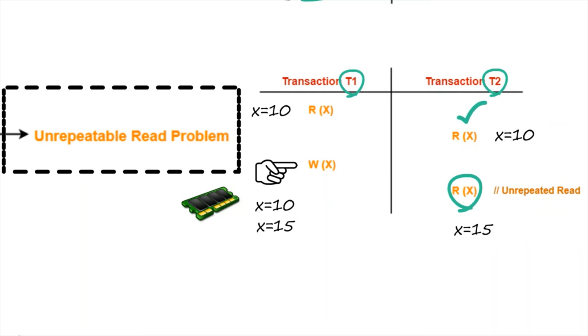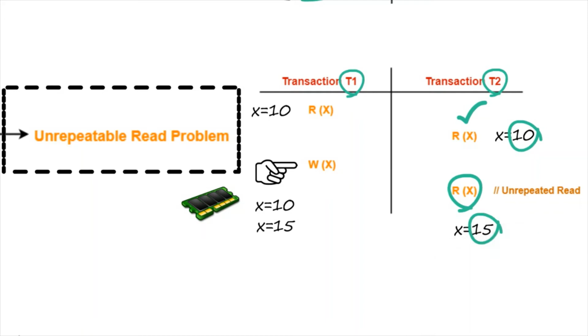Now what is the problem here? T2 gets to read a different value of X in its second reading. For T2, when it read the value of X for the first time, it was 10. Now it is reading the same X, but it is getting a different value, that is 15.